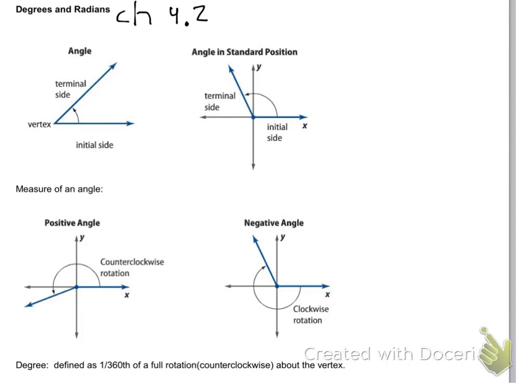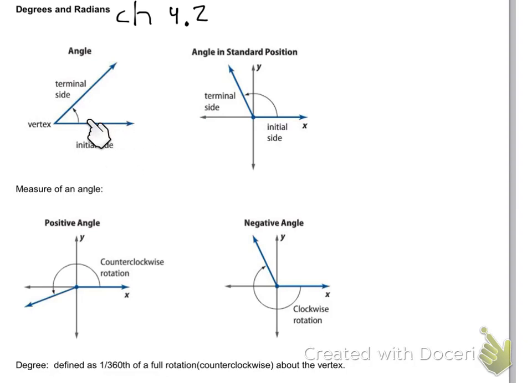So these are all angles up here, guys. And what you see is that there are some definitions, some highlights here of what makes up an angle. We always want to have an initial side of an angle.